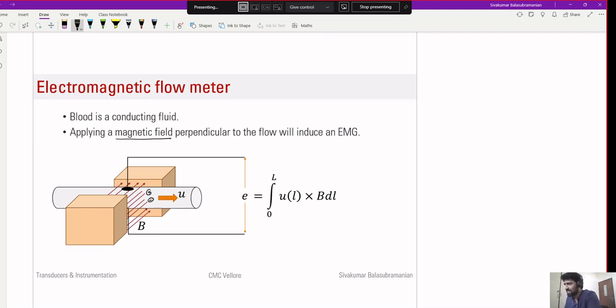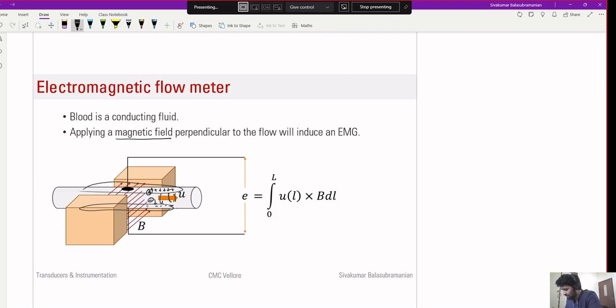If you apply a magnetic field, these would get separated in different directions, resulting in positive ions flowing in the top portion of your blood vessel and negative ions in the bottom portion. That means there is charge separation, an electric field, and an electric potential that is set up.